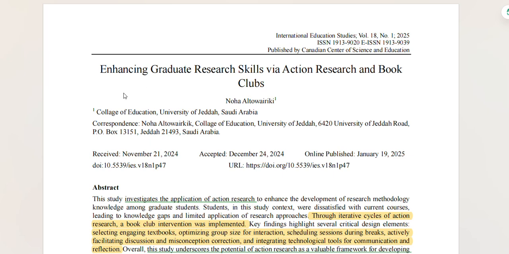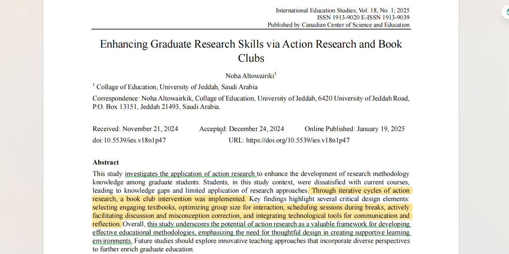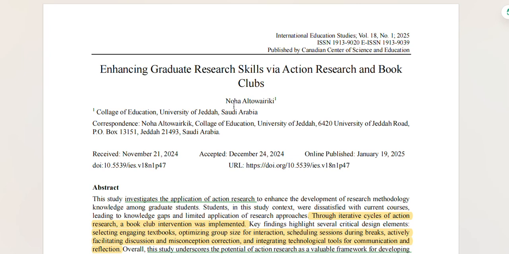So we go now to the third example research. Let's look at an action research entitled Developing Research Competence Among Graduate Students Through an Online Book Club. The process involved in this study includes identifying the problem, planning, acting, observing, and reflecting.